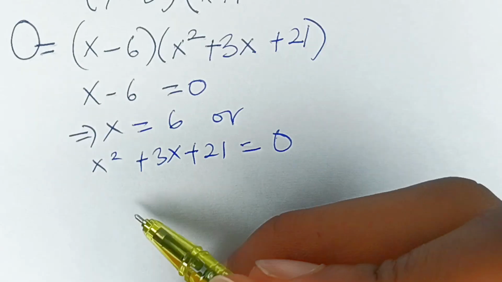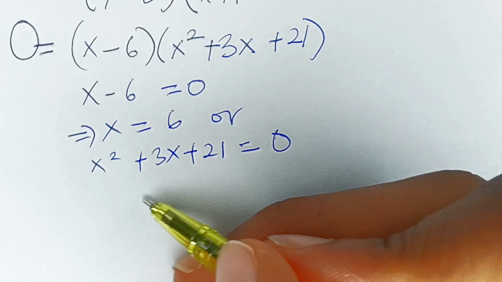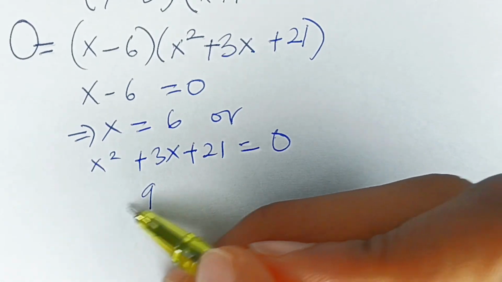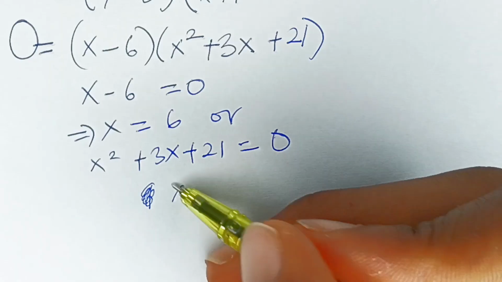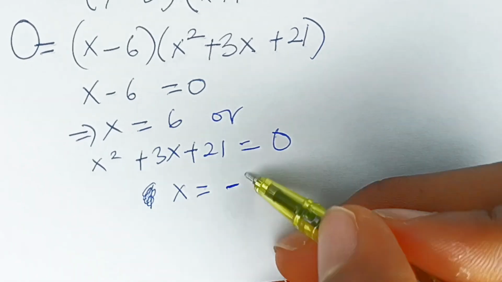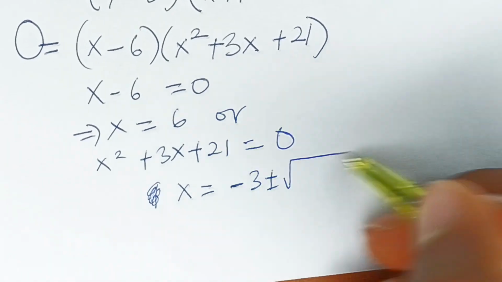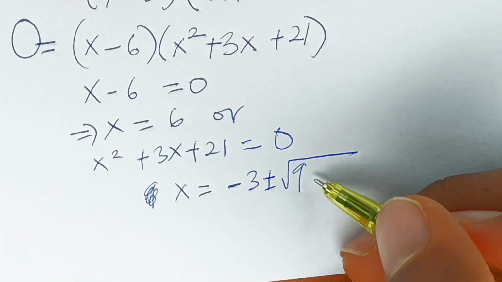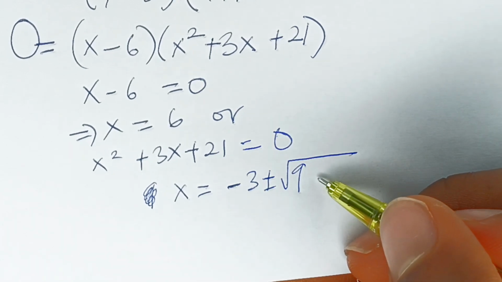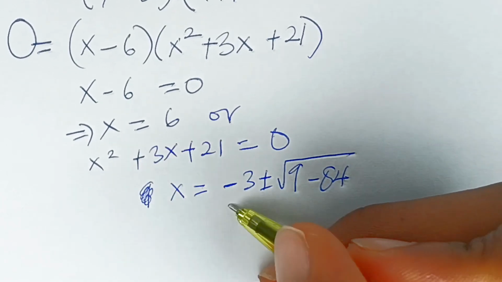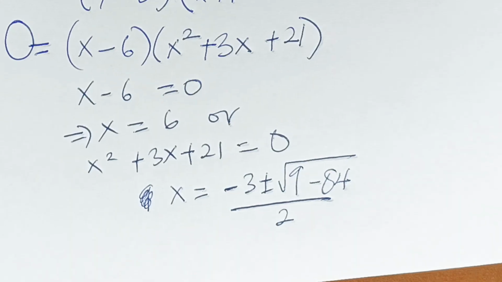From here, using the quadratic formula again, x will be equal to (−3 ± √(9 − 4 × 21)) / 2, where 4 times 21 is 84.